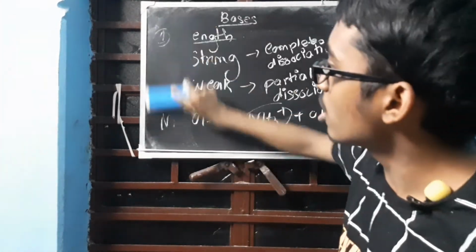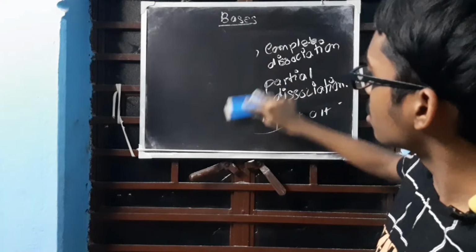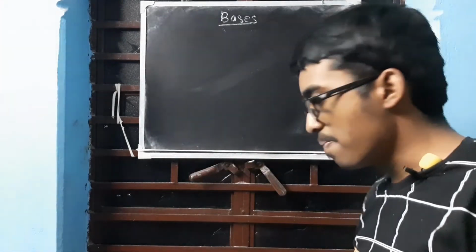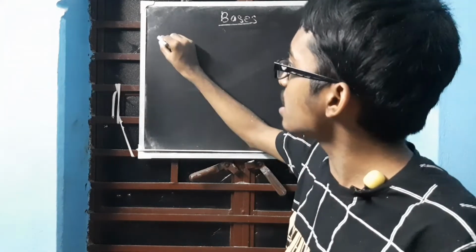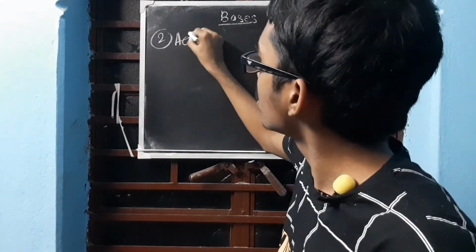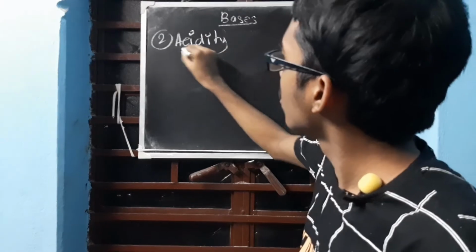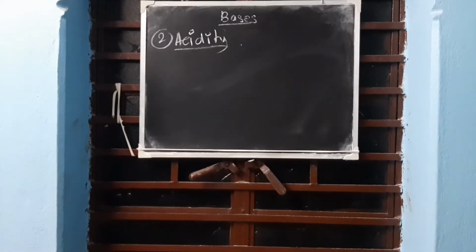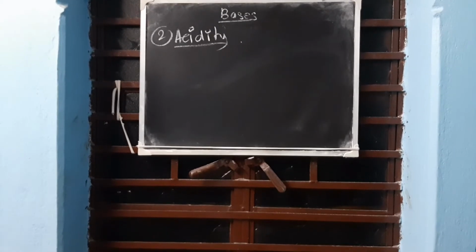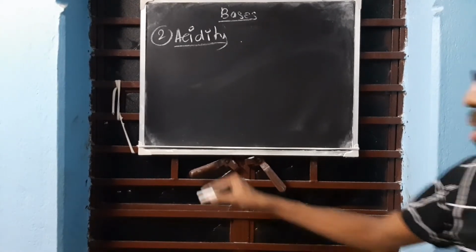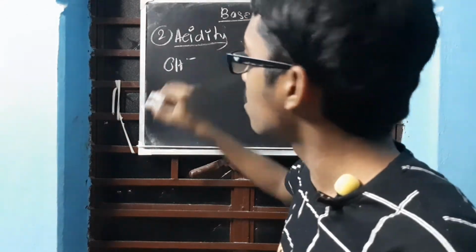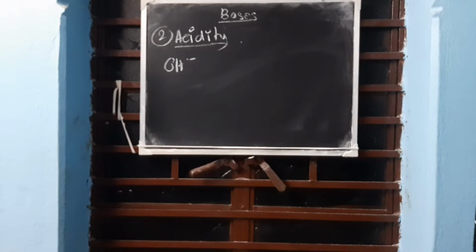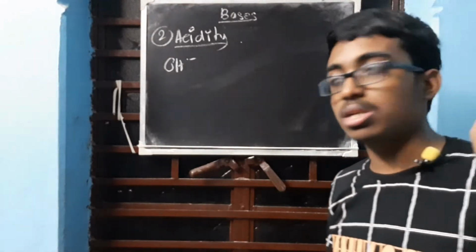Now let us move on to the second classification basis, that is acidity. Acids have basicity, bases have acidity. So the second division is acidity. Now this is not the acidity which you have in acids, this is the acidity that bases have. Acidity means the number of OH- ions produced per molecule of the base in aqueous solution.